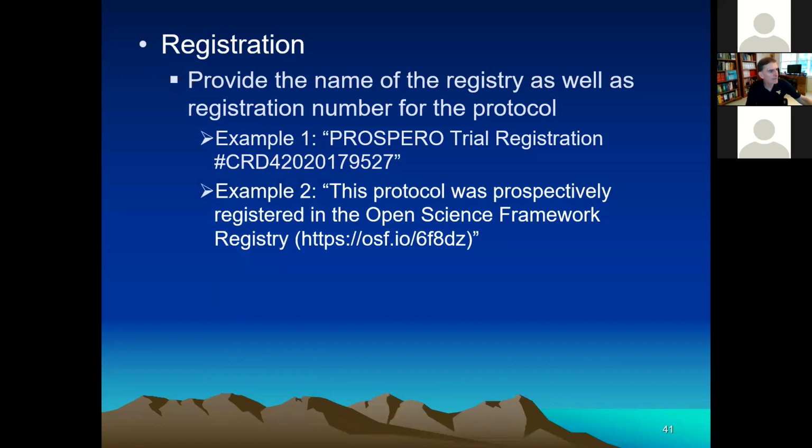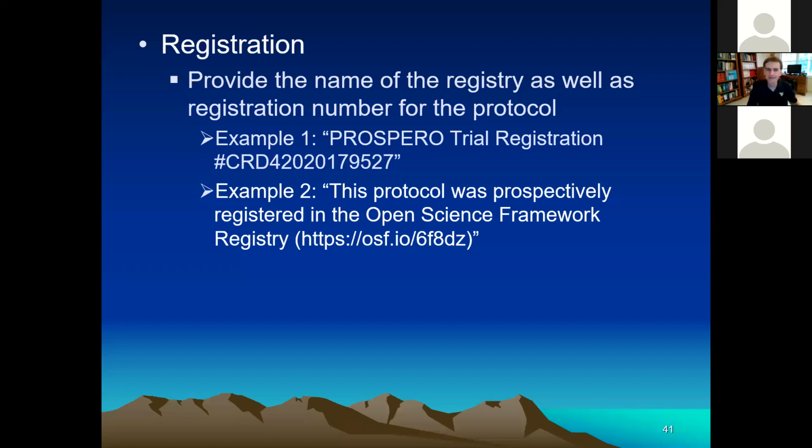And then somewhere in the manuscript, this is another example of where you could put it in the manuscript itself. What we usually do is we put this at the beginning of our methods section of the protocol that we're writing up to submit for publication. And we say this protocol was prospectively registered in, and you name the registry, in this case, Open Science Framework Registry.